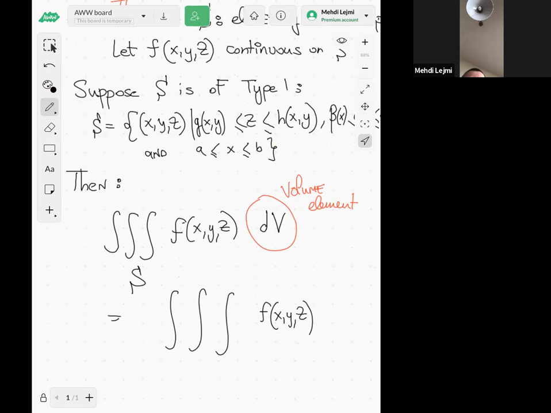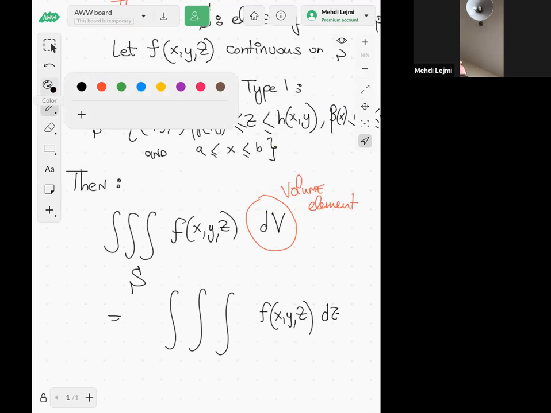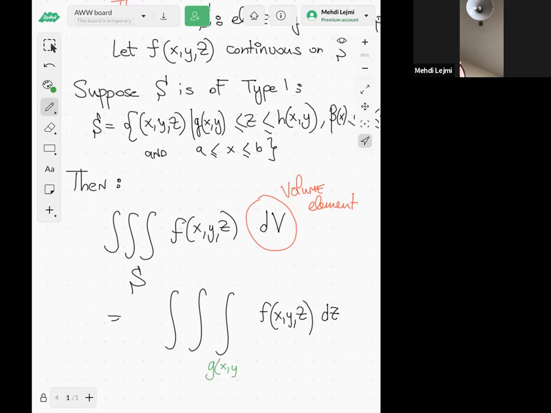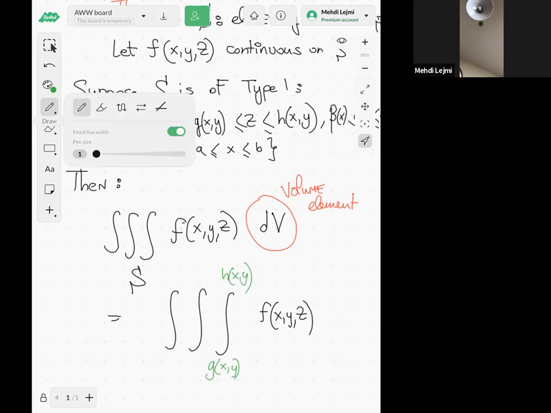In this case, z is between two functions of x and y, so we start by integrating with respect to z. We have dz first, with limits g of x, y and h of x, y.